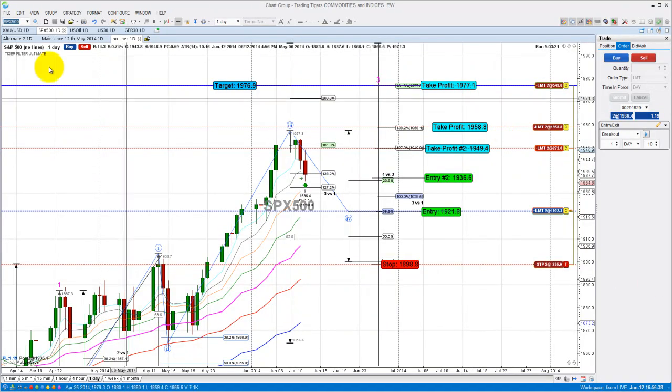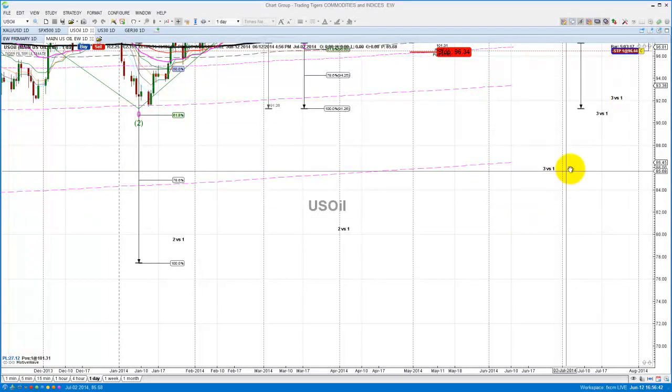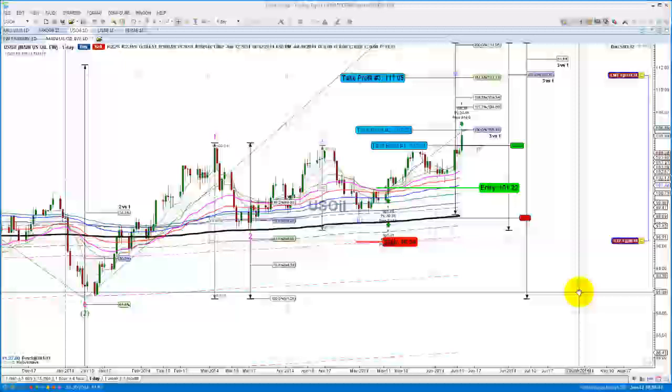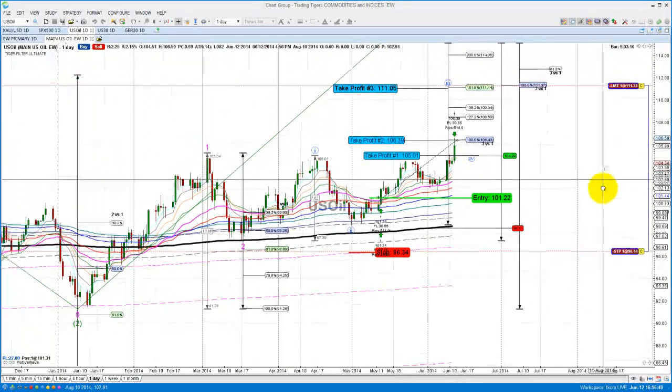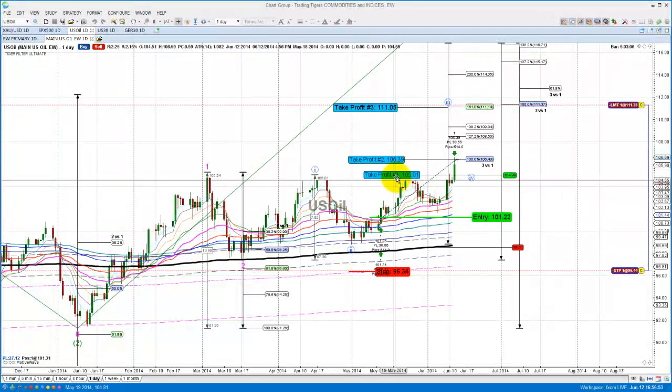Okay, fine, so let's move to the next one, US oil. We've had one trade closed out yesterday, as you can see. It hit the 101.01 level, so that was money in the bag, as they would say.